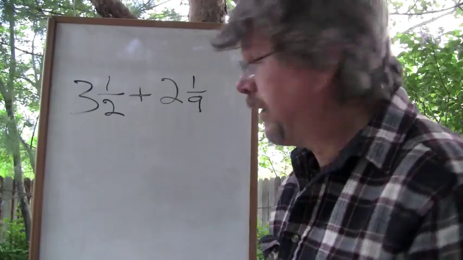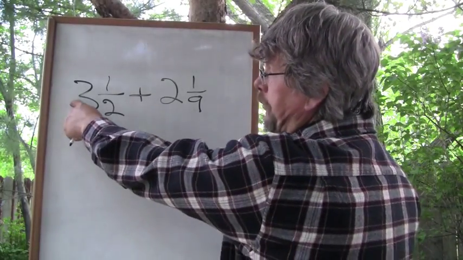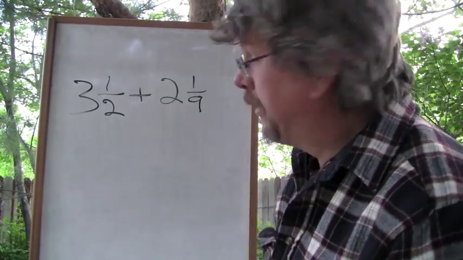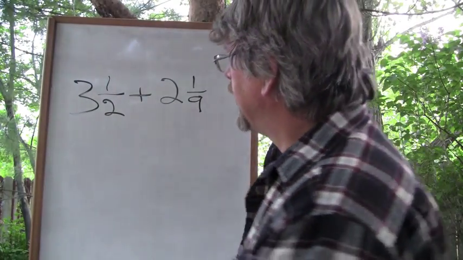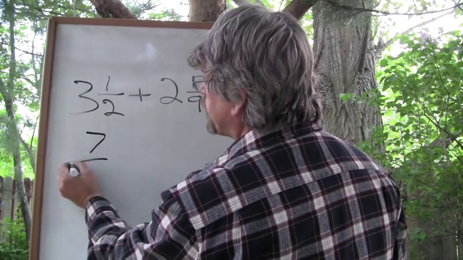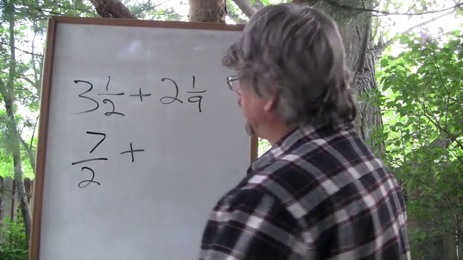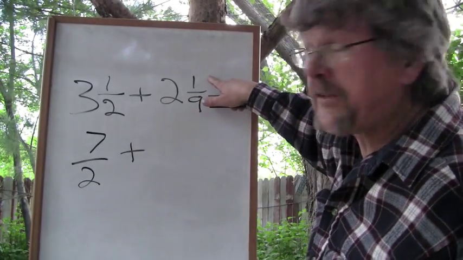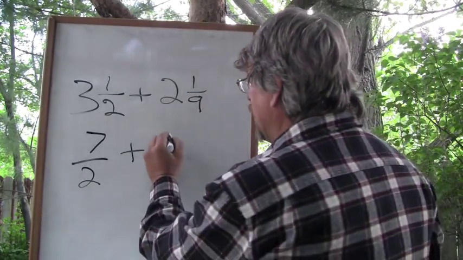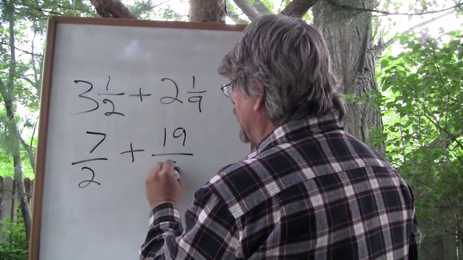So let's do that here. 2 times 3, we multiply by the denominator, this is 6, and then we add the numerator, plus 1 is 7, so 7 halves. Plus, 9 times 2 is 18, plus 1 is 19, 19 ninths.